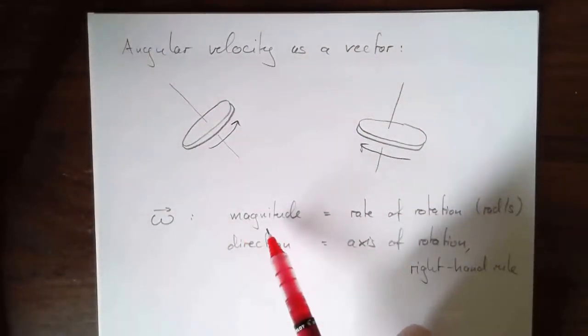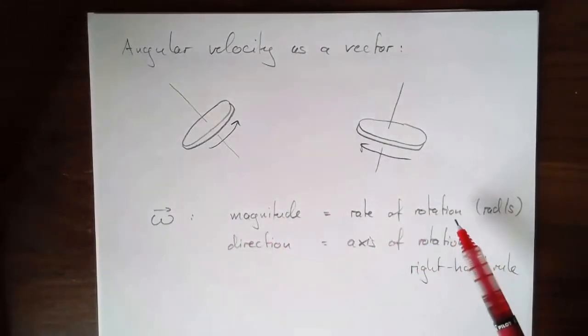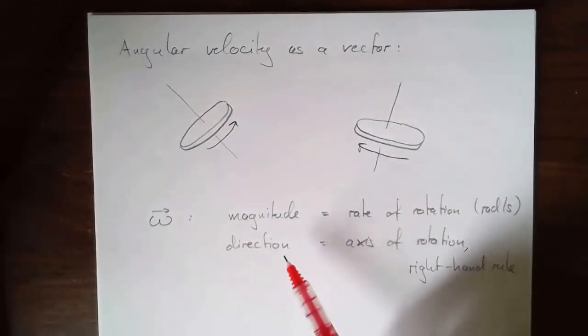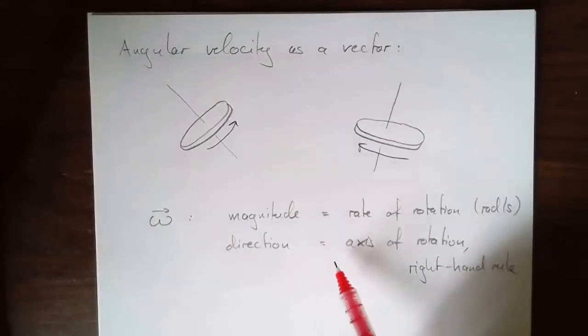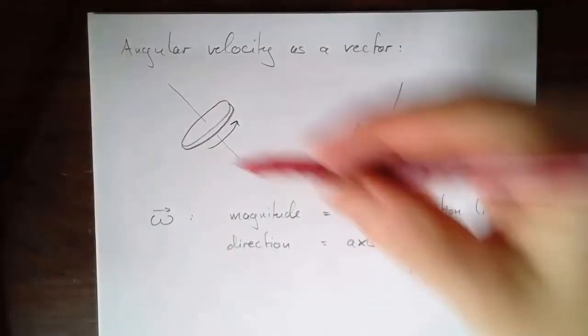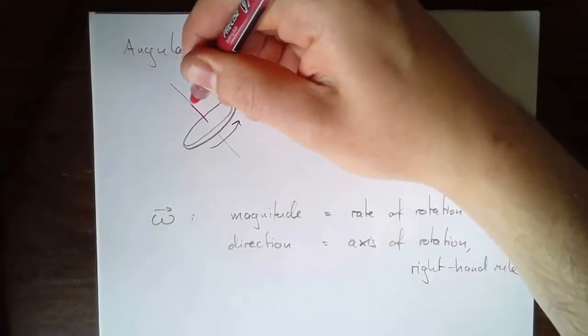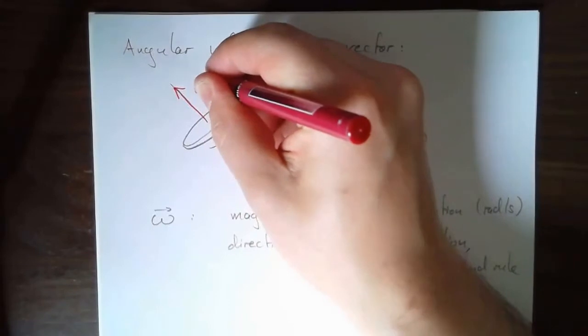The magnitude of it is the rate of rotation. That's the thing we've dealt with so far, how many radians per second. And the direction is the axis of rotation. So the direction of this vector omega is defined as pointing in the axis of rotation. So in this case here, the vector omega would be represented by this.